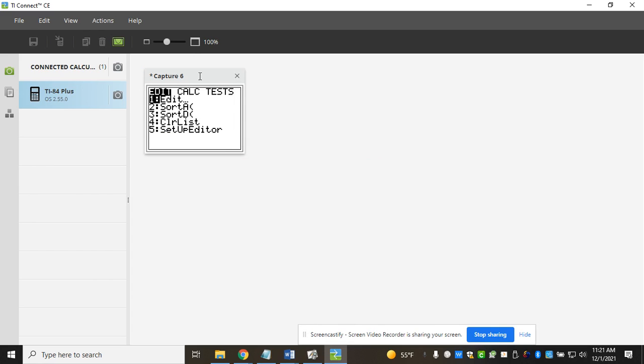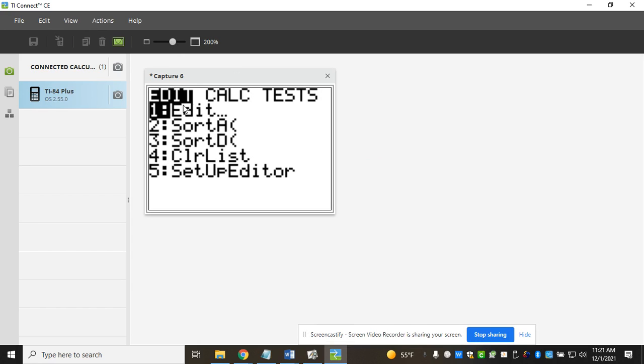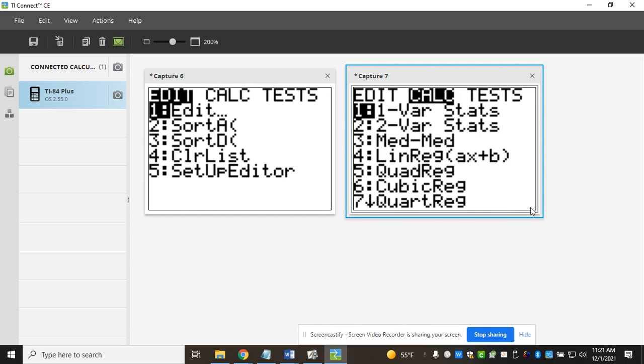If you go to stat, and we are going to calculate. Now this is one thing strange about stat: we don't use AX plus B, or MX plus B. We use A plus BX, which is the same thing, but it puts the intercept first. So if you're scrolling through these, 4 looks like a linear regression.